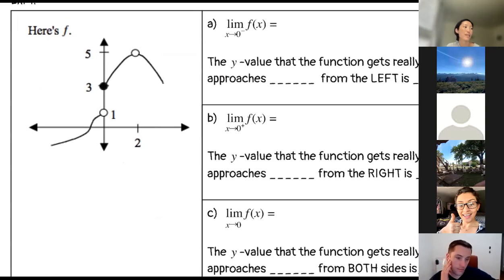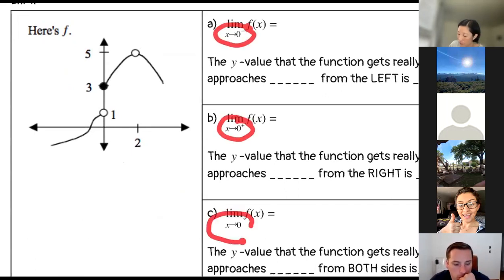This particular question focuses on the first x value that you folks mentioned, which is 0. We want to know what's happening when we get really close to 0. Now one of the things that you'll notice is these 3 things in the red circles are slightly different. What's slightly different about them?